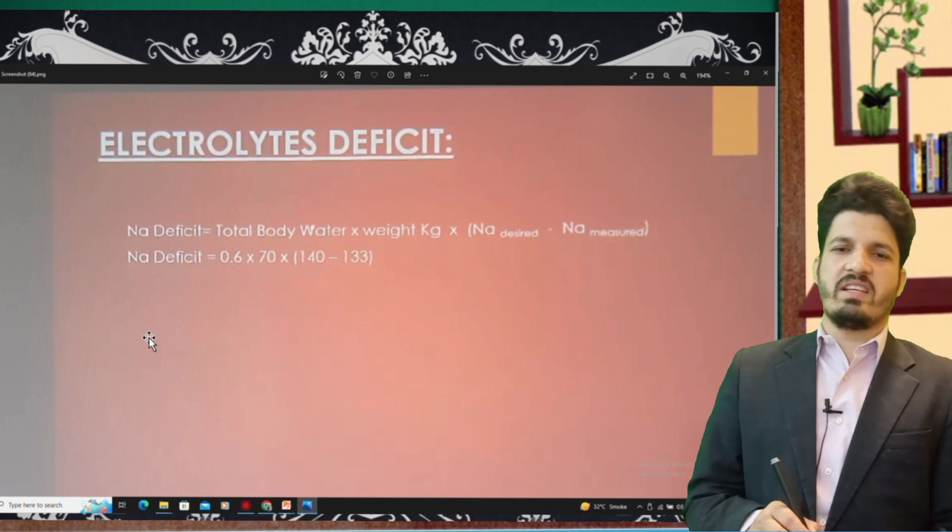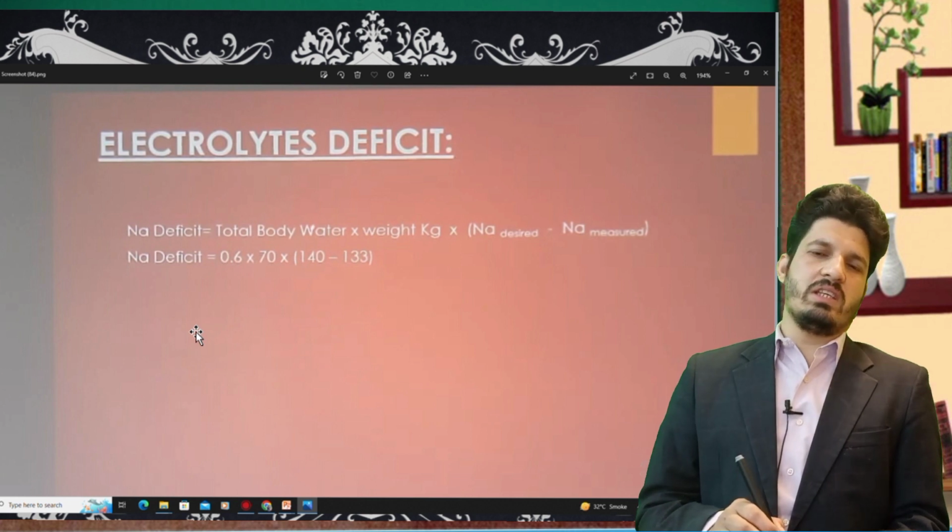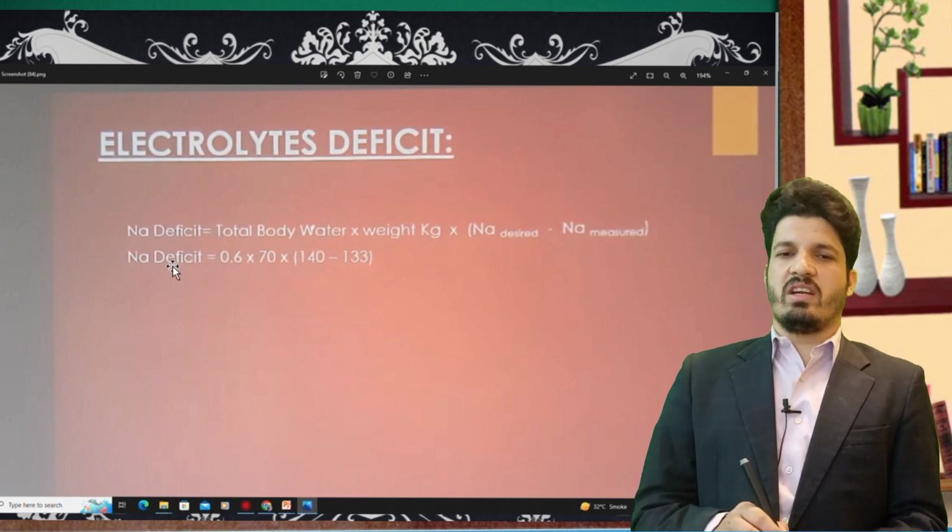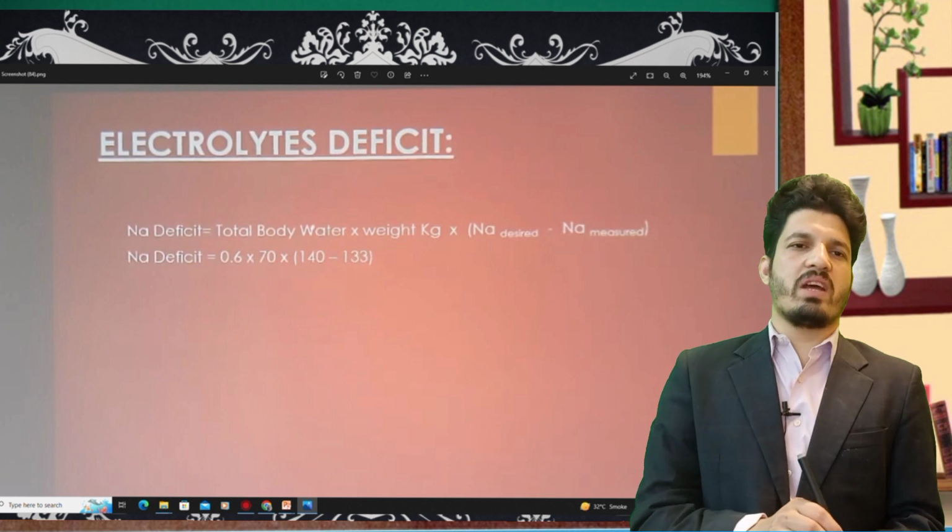Moving towards the next slide, we are going to calculate the electrolyte deficit, and now we are calculating the sodium deficit.